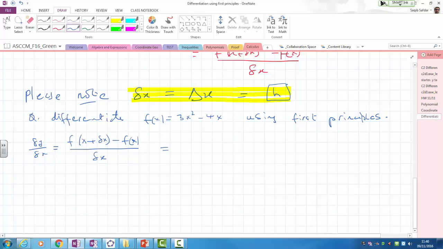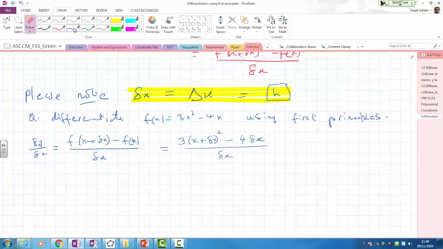And so this will just be, instead of writing x, I'm going to write down 3 times x plus delta x squared take away 4 times x plus delta x, divided by delta x. Do you agree? Oh, whoops, there's a mistake.